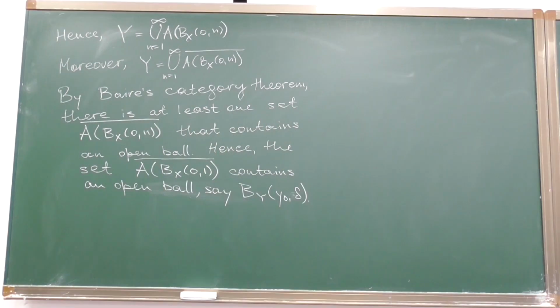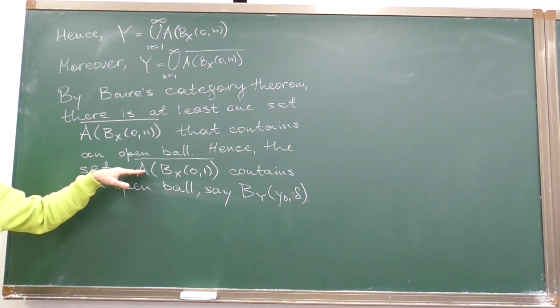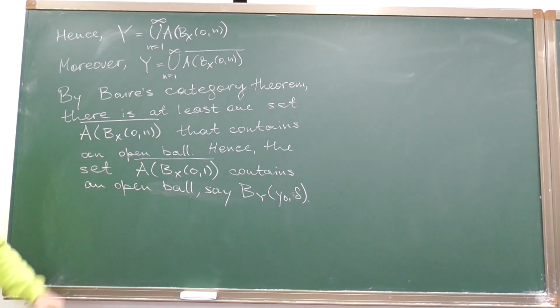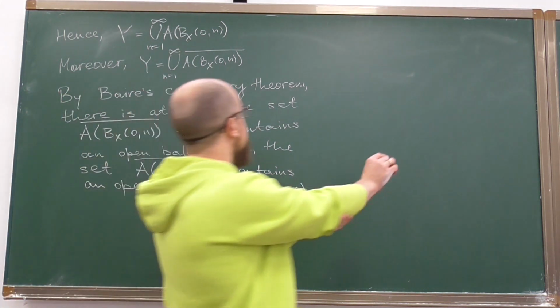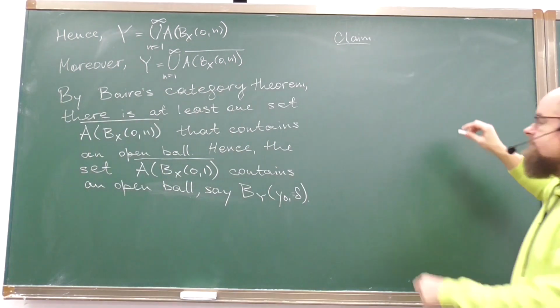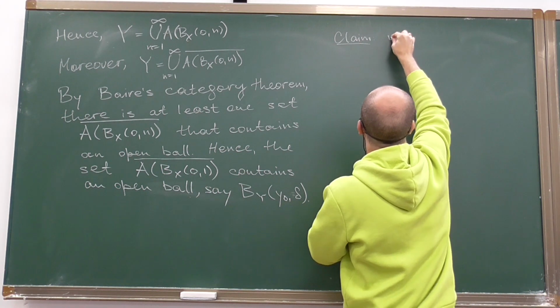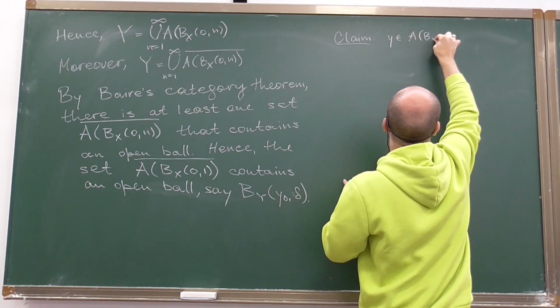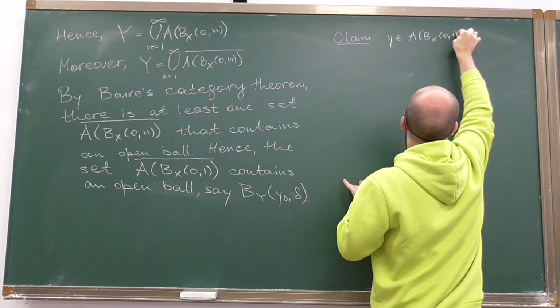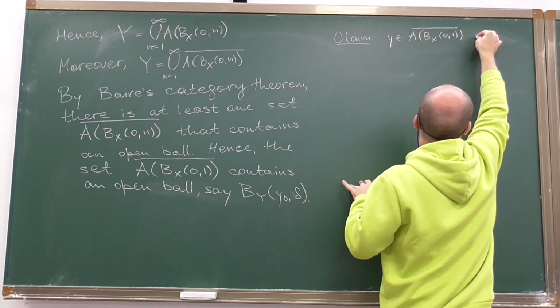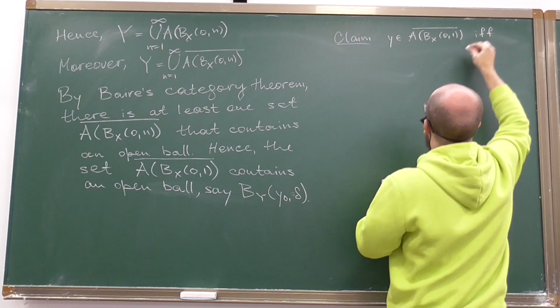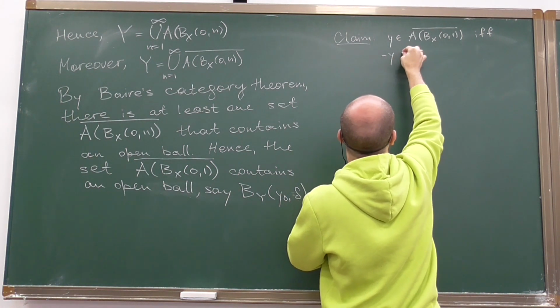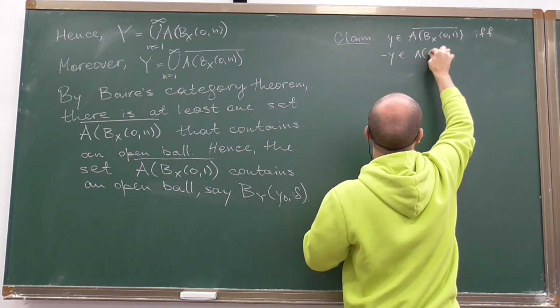Before we go any further, I will state a couple of properties of these sets, the closure of the image. So the first property which I want to prove is that a point y belongs to this set if and only if the point minus y belongs to this set.